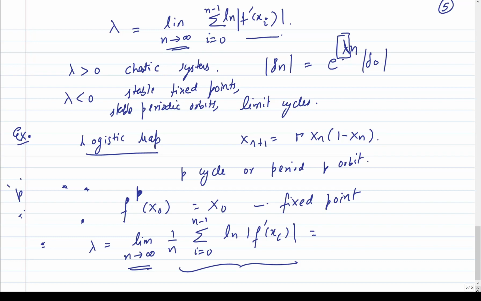So I'll get the same p terms in this derivative, the same p terms keep appearing.